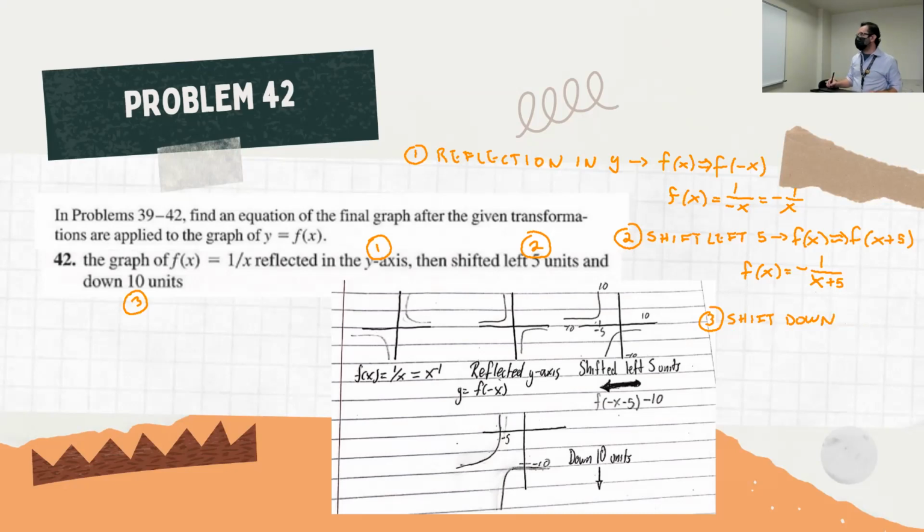This would mean that if it's a shift down, now we're going to have f of x minus 10. And so the new f of x is going to be f of x equals minus 1 divided by x plus 5, minus 10. Okay.